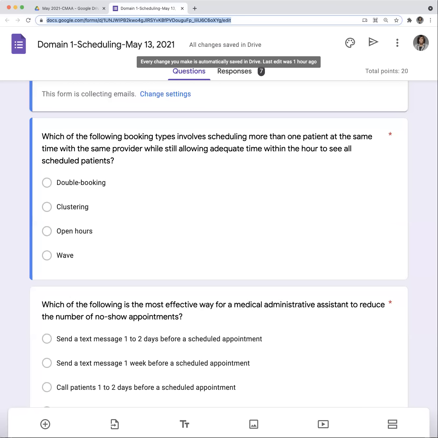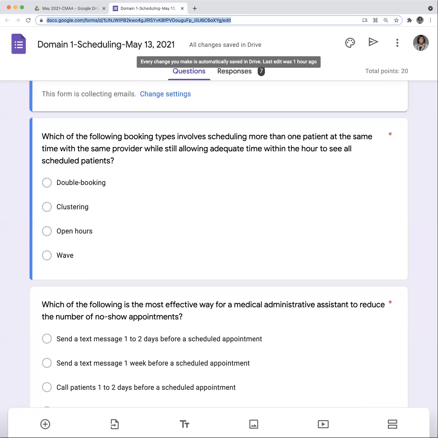The same patient at the same time with the same provider, to see all scheduled patients. So it's clustering. So it's like the OB, right? Y'all didn't read them packets, did y'all? I did read the packet, but when it came to clustering, it said you cluster them when they all have the same ailment.